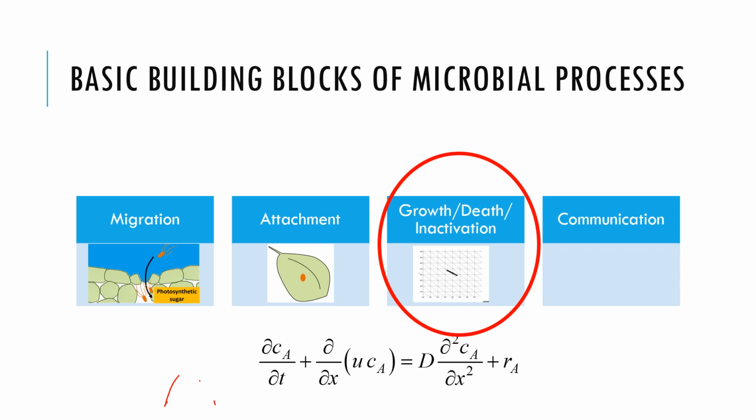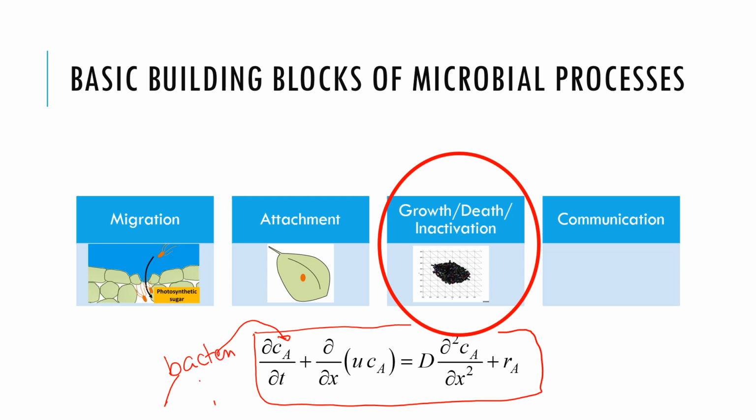In the transport framework for bacteria, that's this one, where the bacteria is a species for which we are calculating the concentration, where growth, inactivation, and so on would be incorporated is in the source term, as you must have guessed.